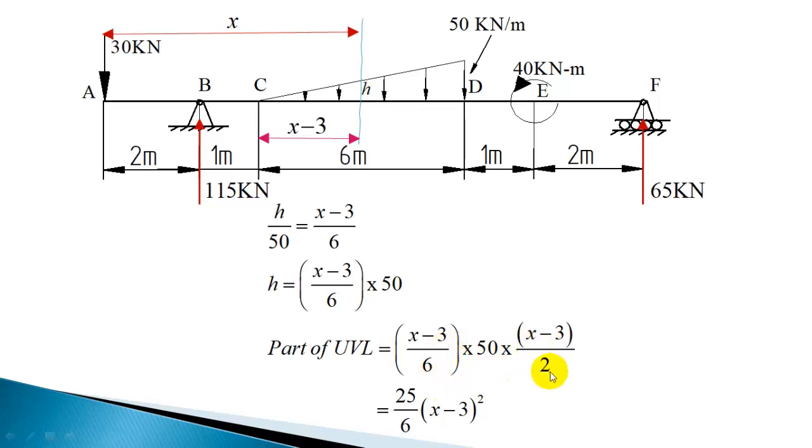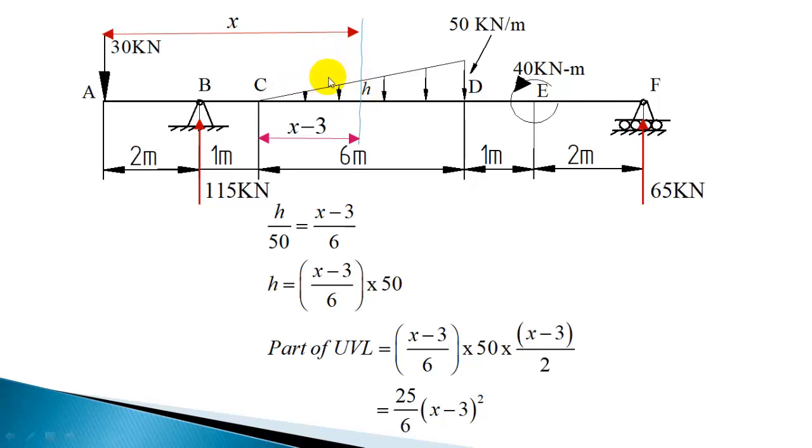So that gives 50 by 2, 25 divided by 6, into (x minus 3) square. So 25 by 6 into (x minus 3) square is the resultant of this UVL part.